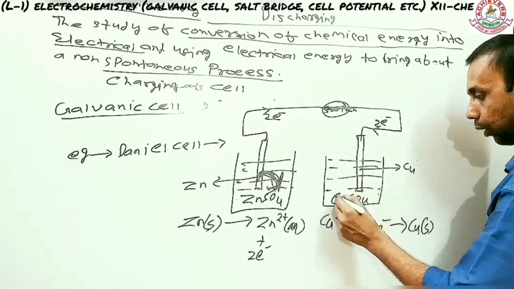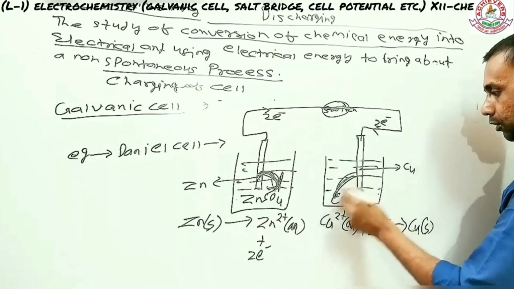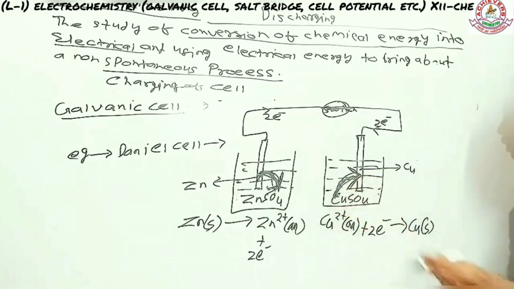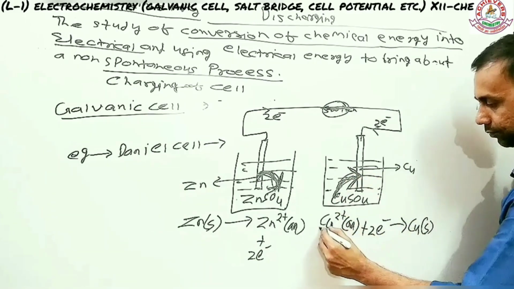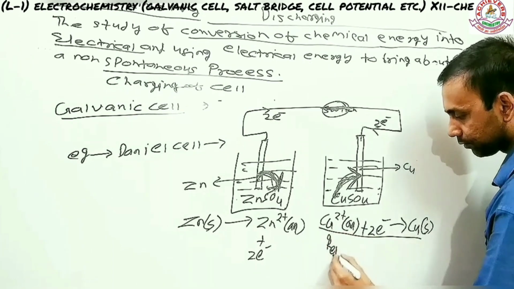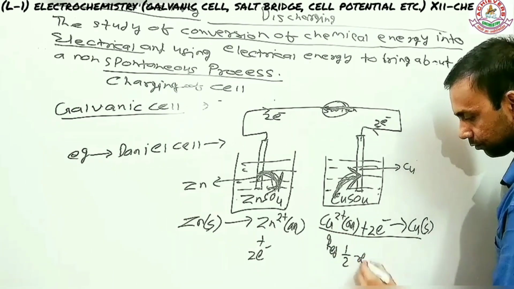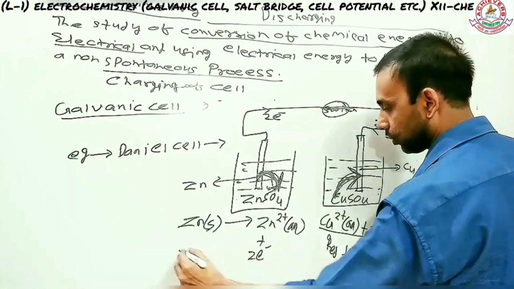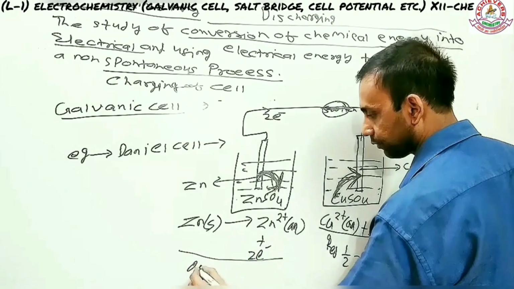So what is happening? Copper is depositing here. Right? So this reaction is called the reduction half reaction, while this one is called the oxidation half reaction.